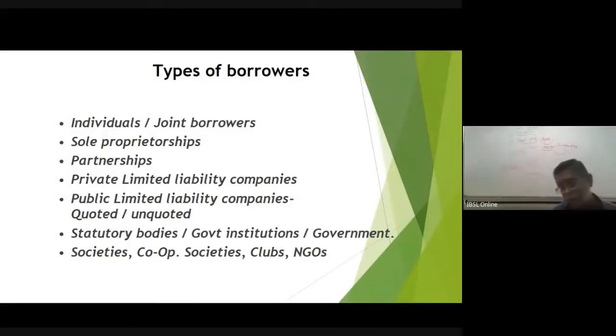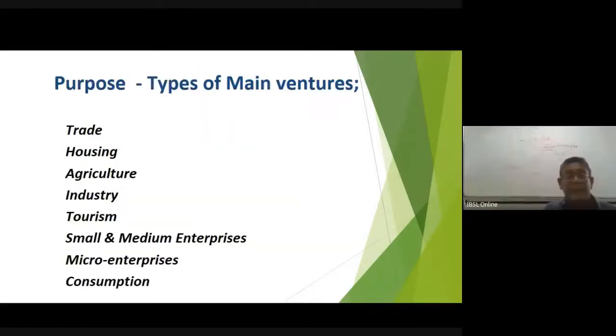Those people who need some money go to a financial institution and ask for loans. Now let's look at the purposes they are borrowing for. Maybe for trading purposes, some for housing purposes, to build or construct a house, which we will discuss later on.